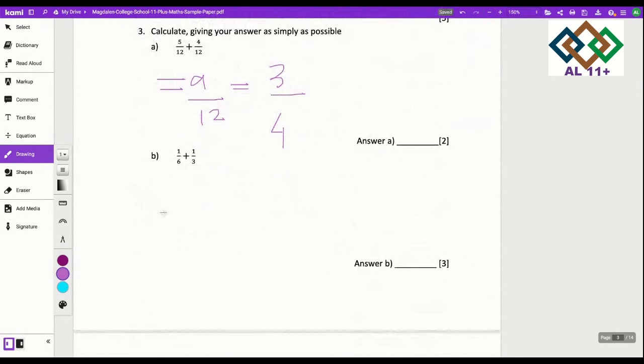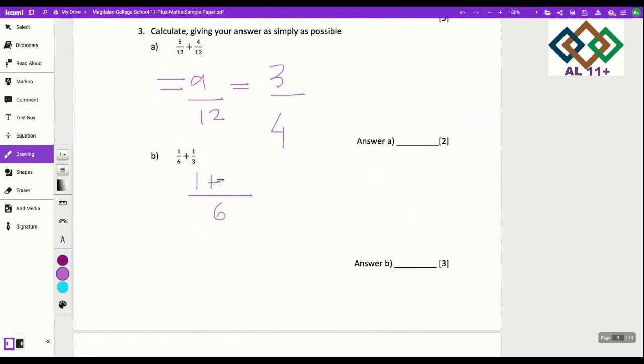In the B part, you have to find the common denominator. From 6 and 3, it's obviously 6. And your top would be, what in 6 table gives you 6, 1. Multiply the top with the same: 1 multiplied by 1 is 1.